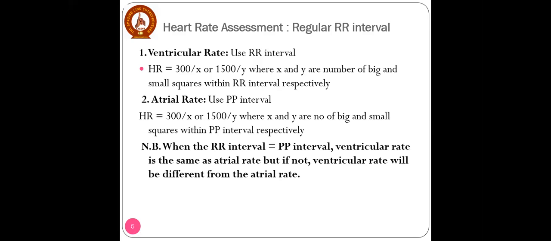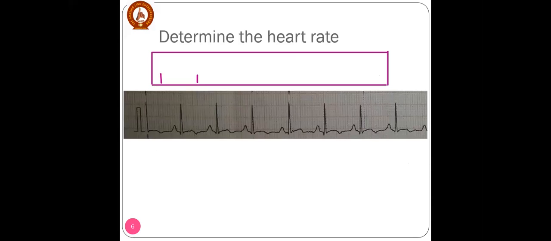For the atrial rate, use the PP interval with the same formula, 300 over X or 1,500 over Y, where X and Y are the number of big and small squares within the PP interval. When the RR interval is equal to the PP interval, the ventricular rate will be the same as the atrial rate.